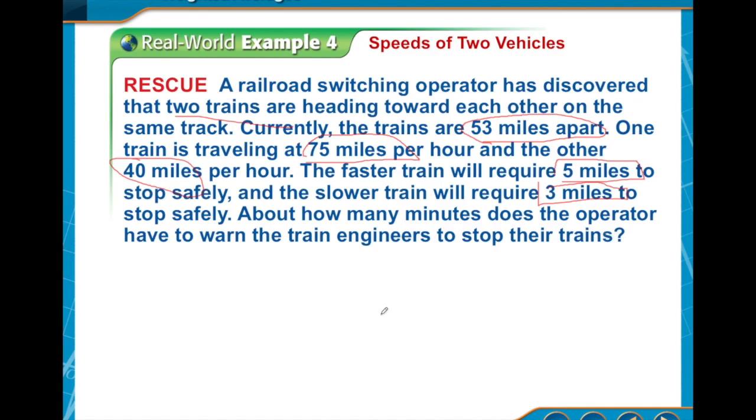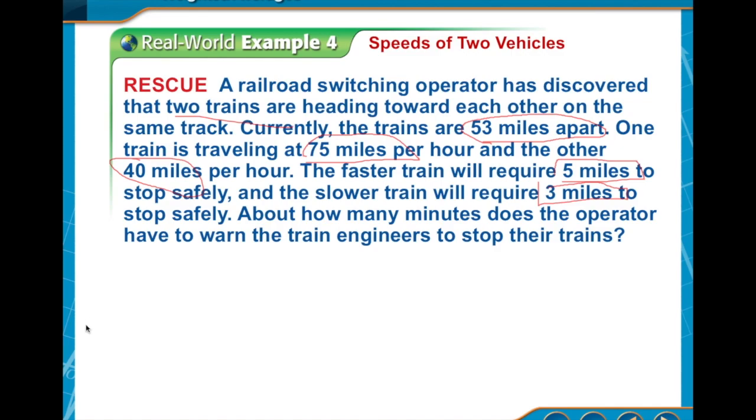So, very interesting problem. This is the type of engineering that has to take place for emergency situations like 2 trains going towards each other on a track. So we'll use these numbers, apply them, and then understand how many minutes it might take to warn the engineers to stop the trains.